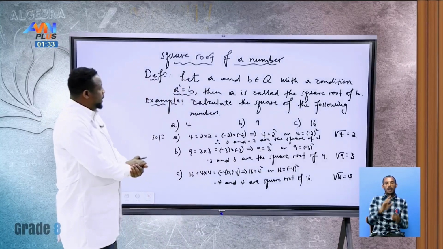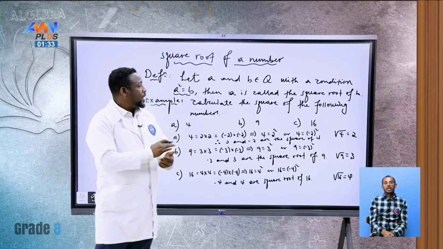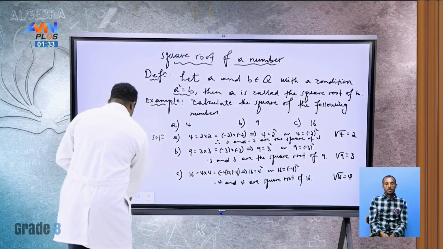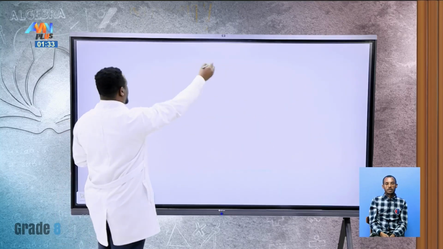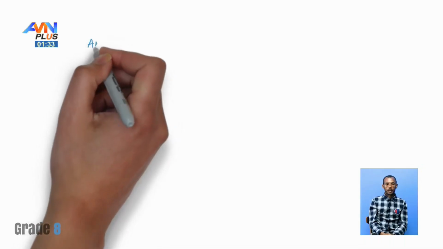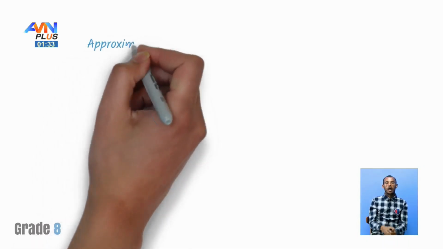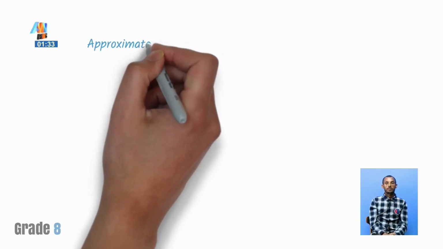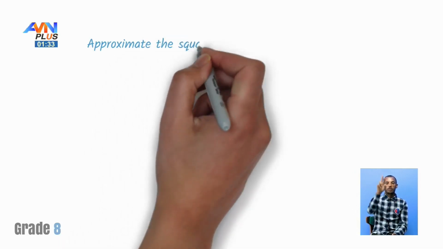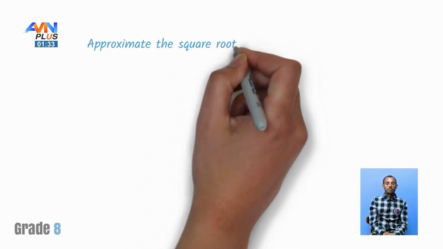Now let's see other ways of calculating a square root of a number. Approximating the square root of a number.